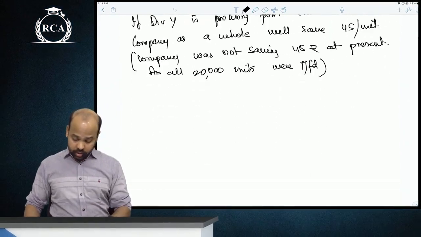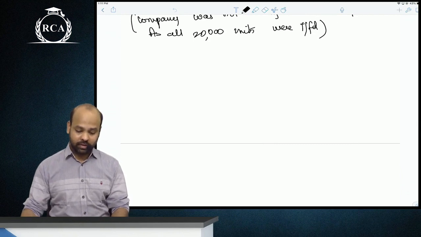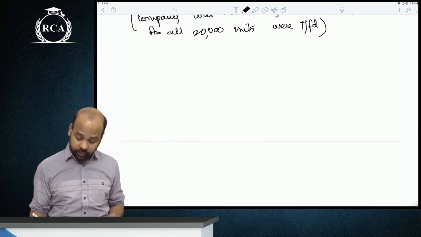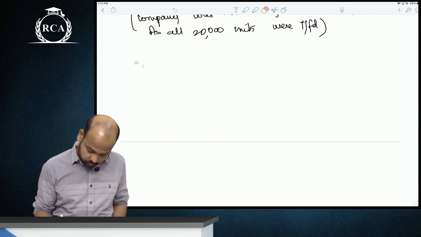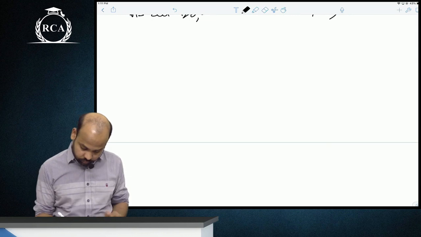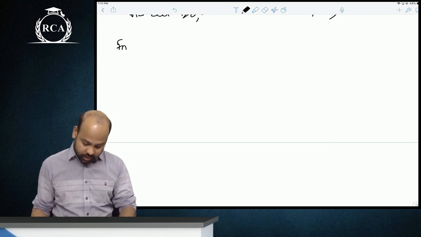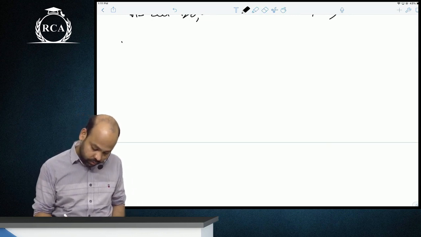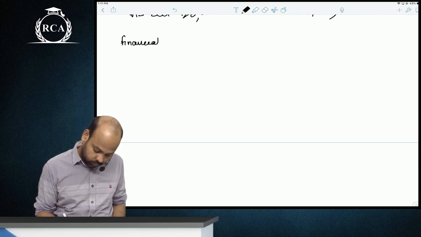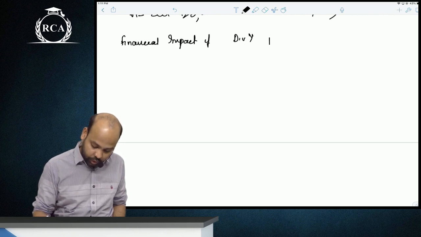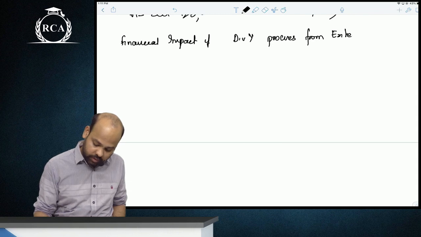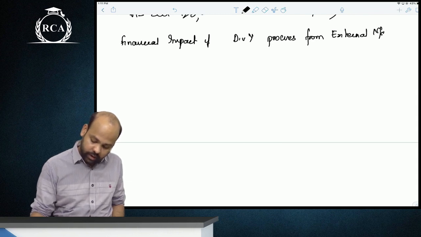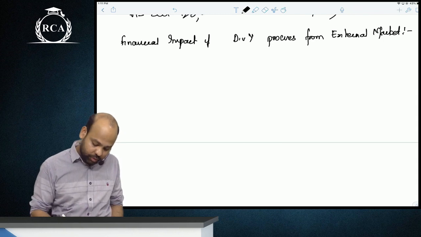ठीक है. Now guys, let us consider the impact in all the three cases. Financial impact. If division Y procures from the external market, we are going against the current transfer pricing policy, right?